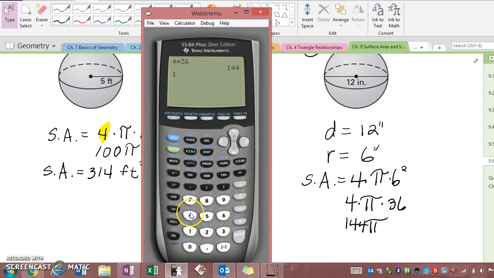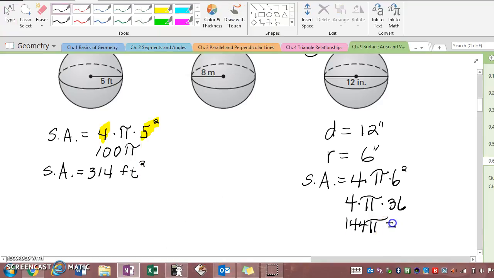And then we'll say 144, and we have to hit our pi button, second caret. Again, I like to leave the pi out of the problem until the end. But since this is all multiplication, it almost doesn't matter. So you'll be asked to round your answer to the nearest whole number. So 452.3 just rounds to 452. And again, that's inches squared since it's surface area.